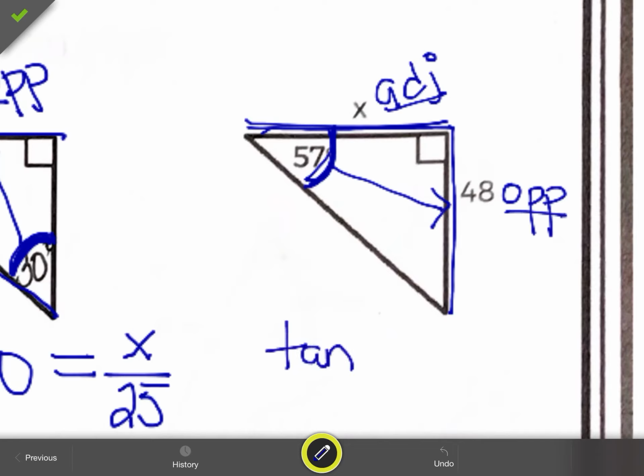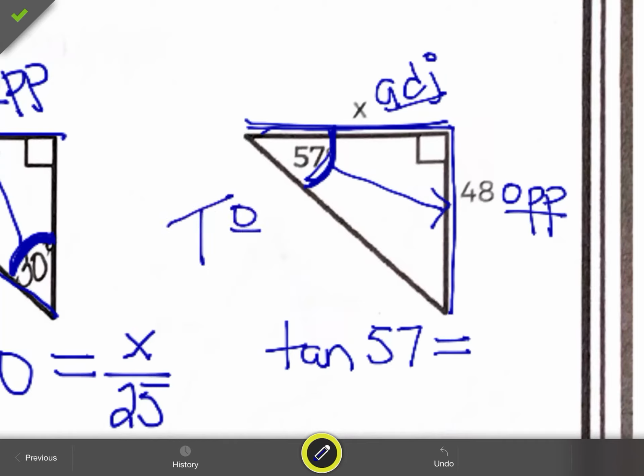So you write your trig. Tan, what's my angle? 57 equals, don't forget your equals. See, some people forget equals. It is an equation, so write your equals. Now, watch this, because this is going to happen, and some of you are going to tell me that tangent 57 equals x over 48. That is wrong. Tangent is your TOA, right? And it says opposite over adjacent.